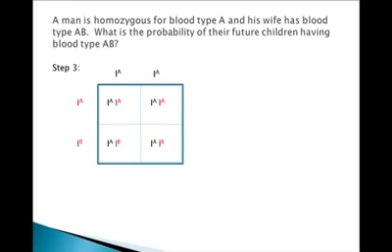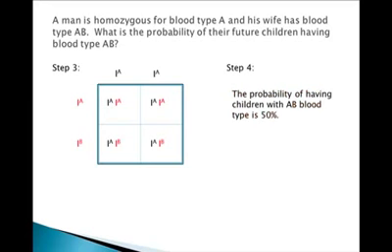And they're asking, what is the probability, for step 4, we have to answer the question. So what is the probability of their future children having blood type AB? Well, if you take a look, 50% of them, because in the Punnett square, you have I^A I^B.